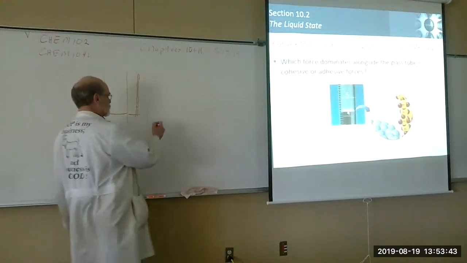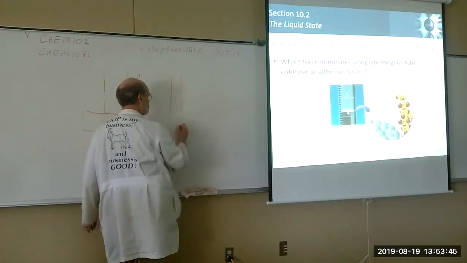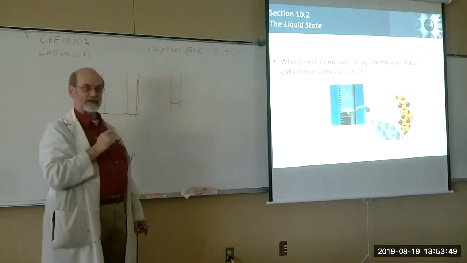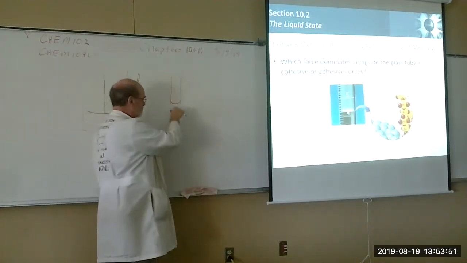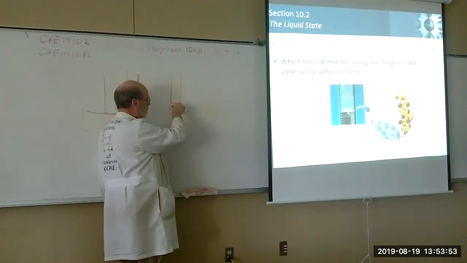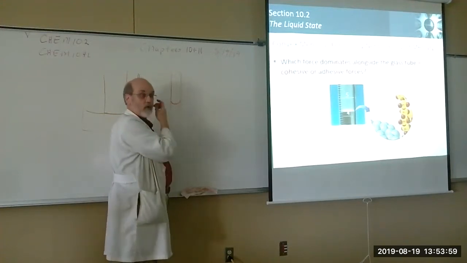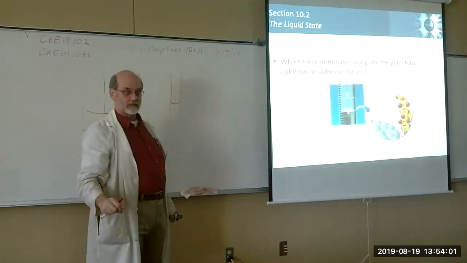Now, if it's water and glass, you get that type of meniscus, right? Because the adhesive forces between water and glass are stronger than the cohesive forces between the water molecules.